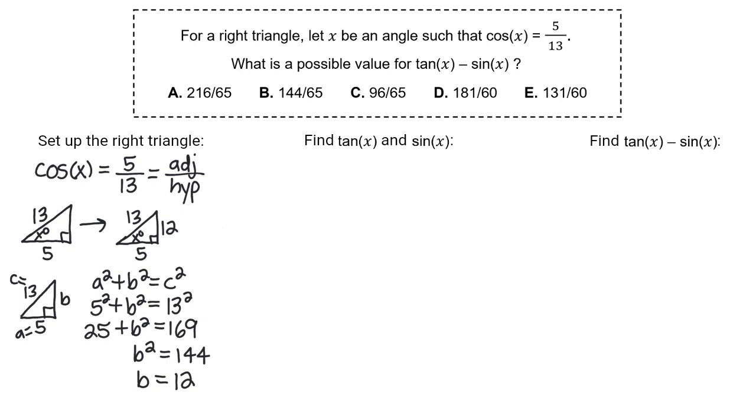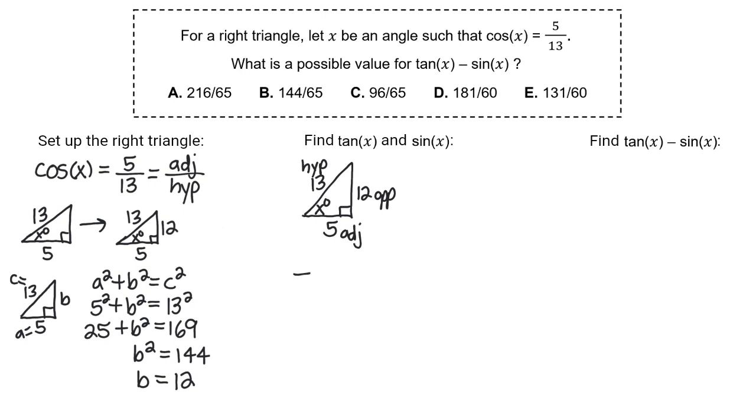Now let's get tangent and sine. So I'm going to go ahead and redraw this triangle here, where 13 is the hypotenuse, 12 is the opposite side, 5 is the adjacent side.